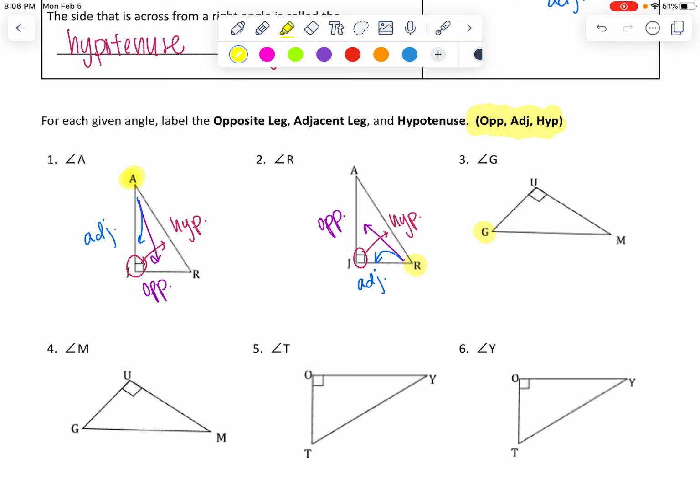Same thing with G. Let's start with the opposite. That's across from that angle of G. There's the opposite. The adjacent leg is the side that is not your hypotenuse, but is right next to your angle. So here's the adjacent side. And then your hypotenuse is always across from your right angle.